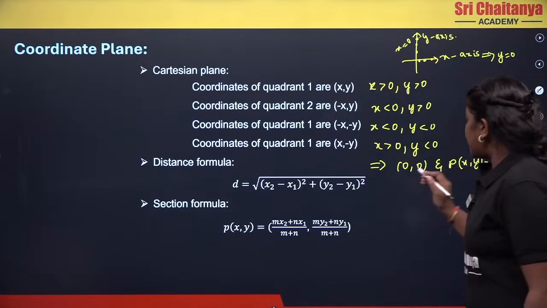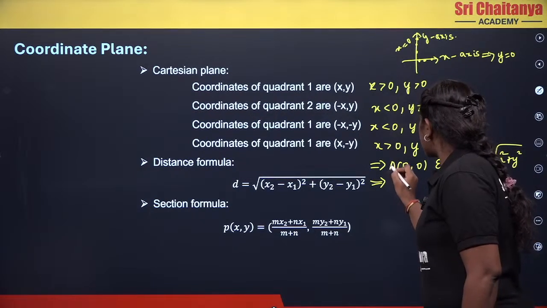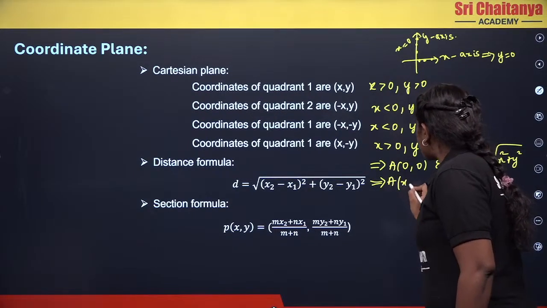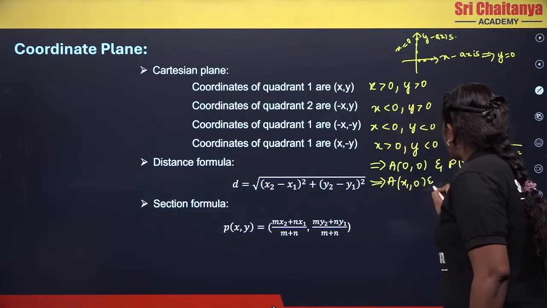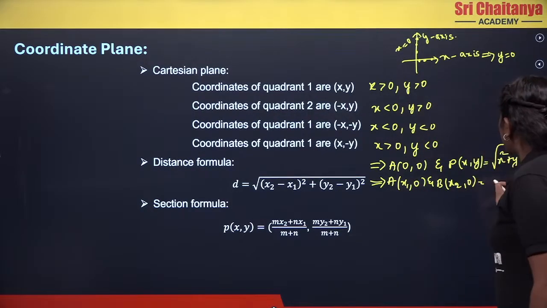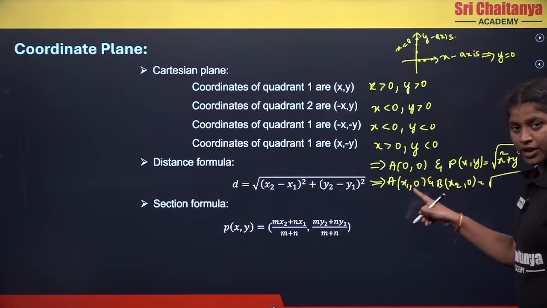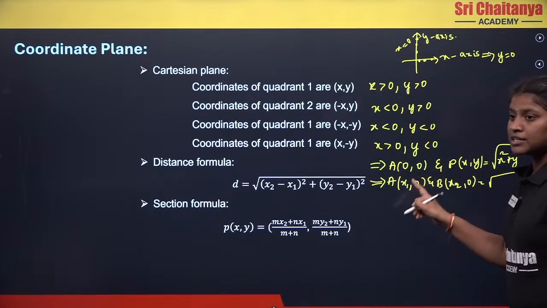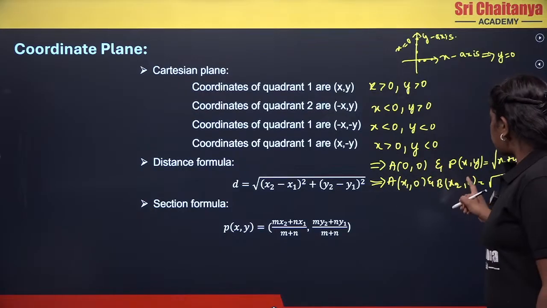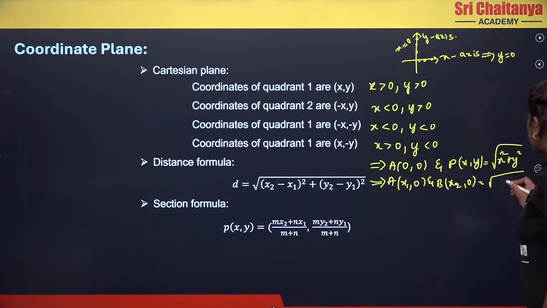If the y coordinate is 0, consider A as x1 comma 0 and B as x2 comma 0. Then the distance is the root of (x2 minus x1) whole square plus (0 minus 0), which is 0 square. So you get the root of (x2 minus x1) whole square, and the square and root cancel, so finally the distance is x2 minus x1.